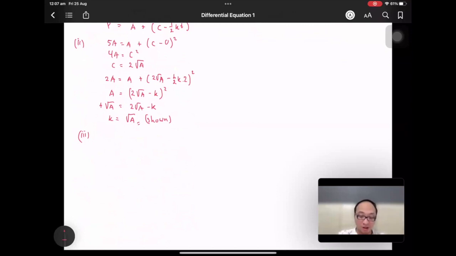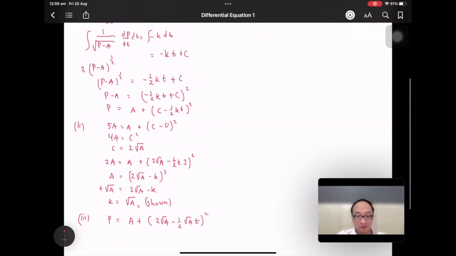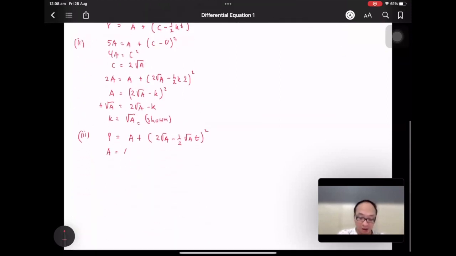So now the equation will be P equals A plus 2 square root of A minus 1/2 square root of A T squared. When P equals A, we have A equals A plus 2 root A minus half root A T squared.